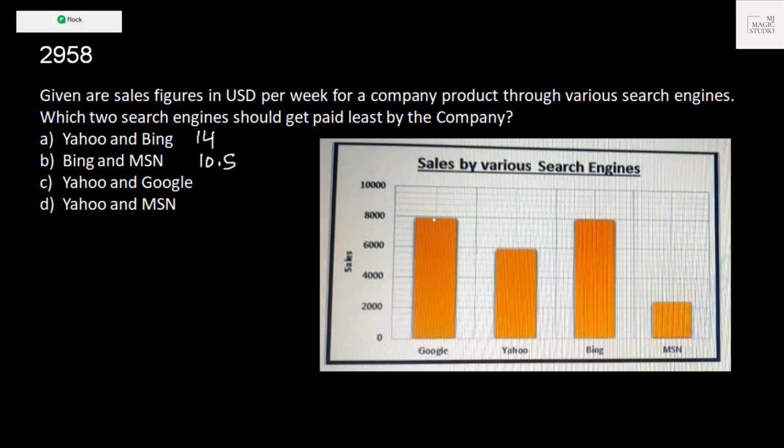Yahoo and Google is something 7 point or something 8, and this is just less than 6. So this is 14 minus. Yahoo and MSN is 6 and 2, 8.5. So Yahoo and MSN combined are getting the least paid. Option D.